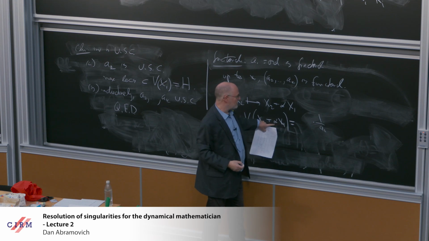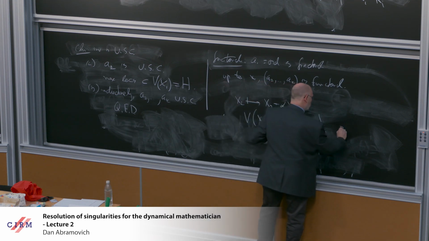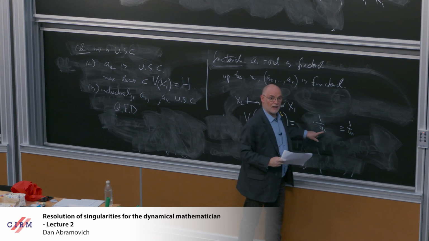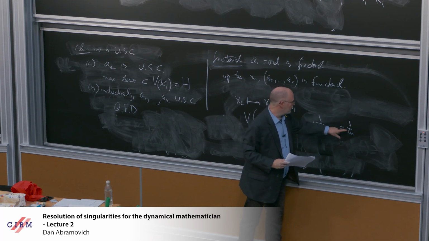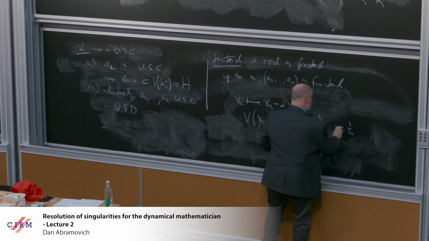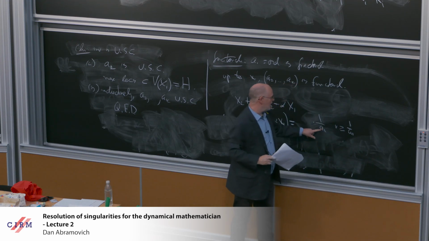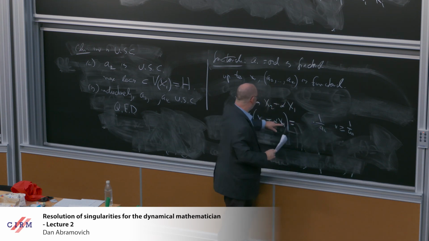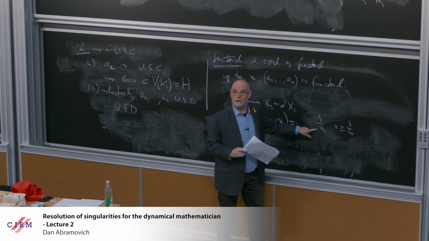And I multiply it by something, but a1 is smaller than a2, then 1 over a1 is bigger than or equal to 1 over a2, and therefore the valuation of this is bigger or equal to 1 over a2.